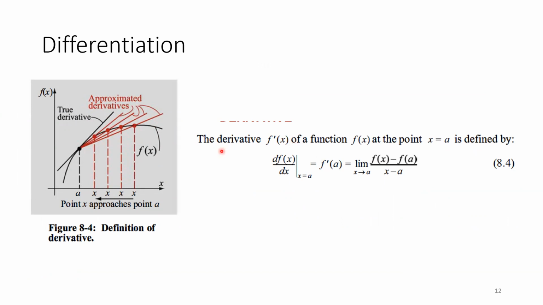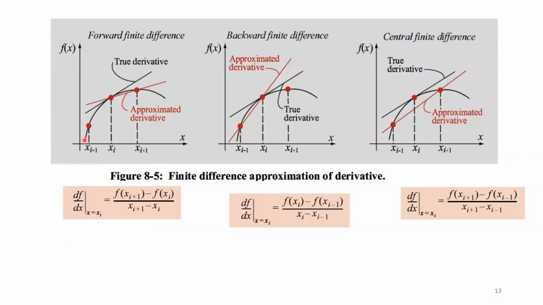So the true derivative of a function is the limit of delta y over delta x as the difference approaches 0, approaches the true value of the derivative. Okay. And basically we have three most important methods: the forward finite, backwards finite, and central finite approximation of the derivative.